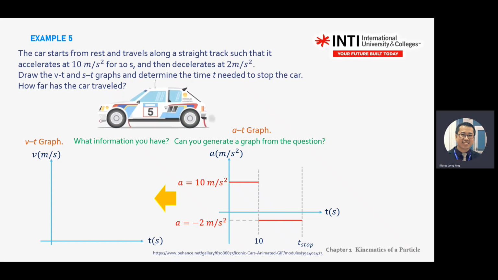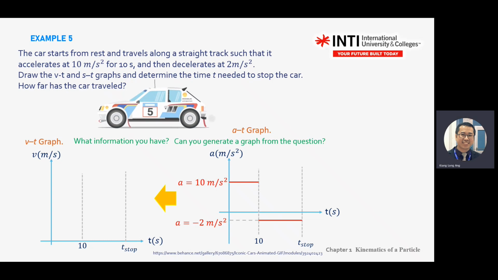This is the area here. So area here, can you find the area? This is a rectangle on the AT graph. 10 and 10, plus this is a negative component. So you need to transform the information into here. So you draw the two time frames here. What is the velocity at 10 seconds here?